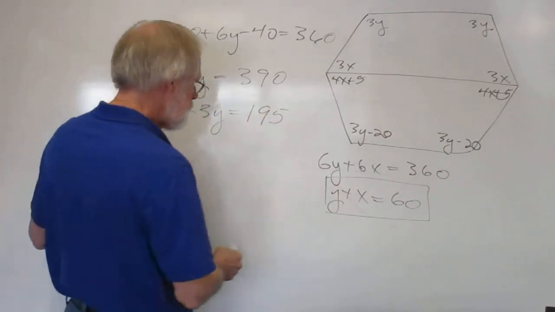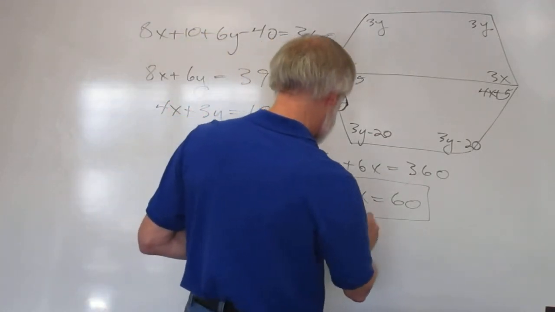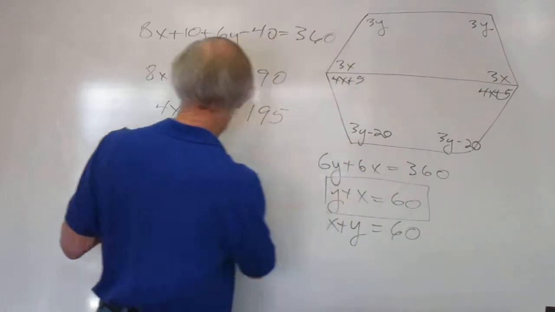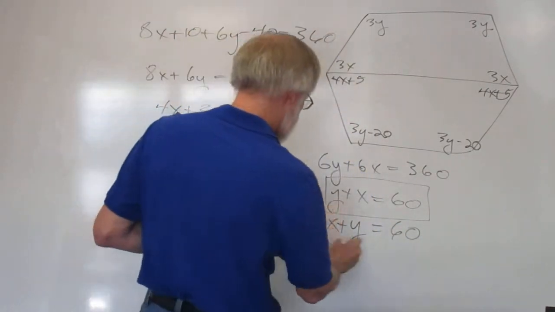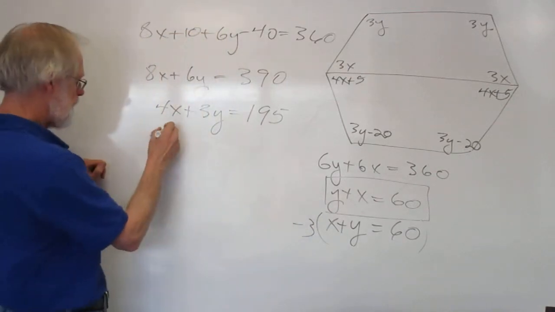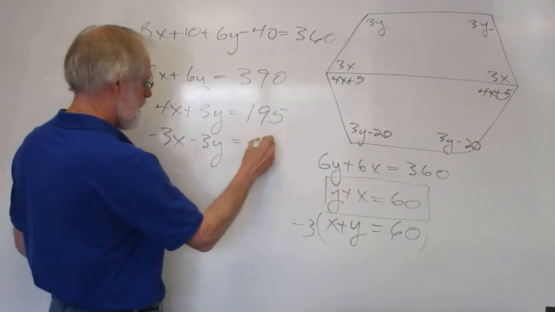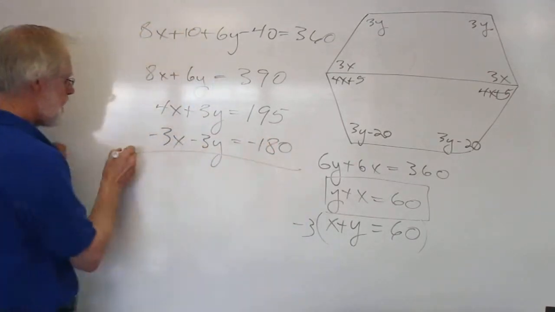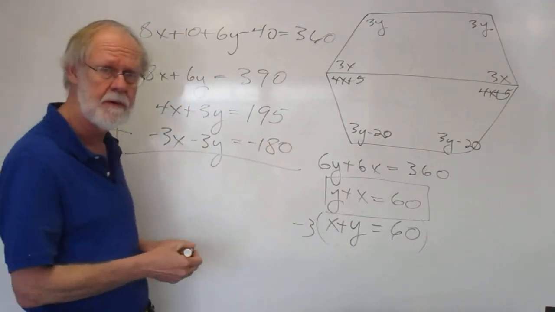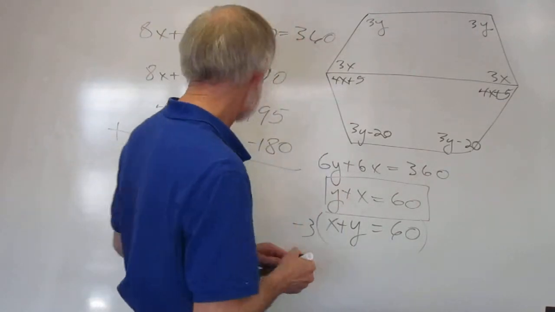I'm going to take the other one, let me turn it around first, so I get x plus y equals 60 because I have the x's first over here. Now I'm going to multiply this by negative 3. That gives me negative 3x minus 3y equals negative 180. Now I can add the two equations. This is the method sometimes called combination or sometimes called elimination.